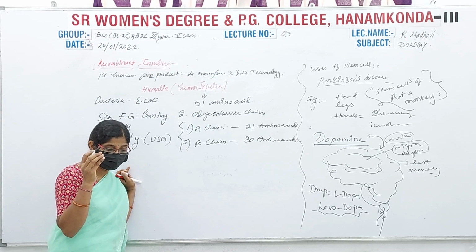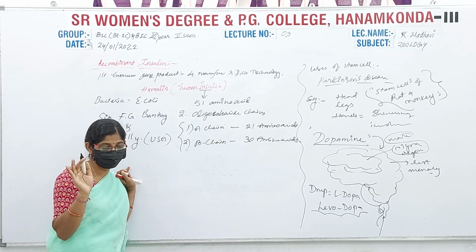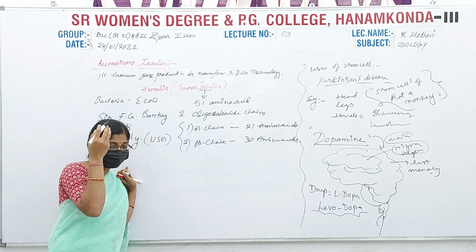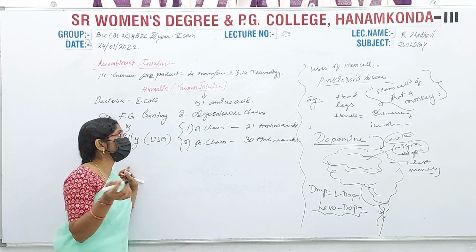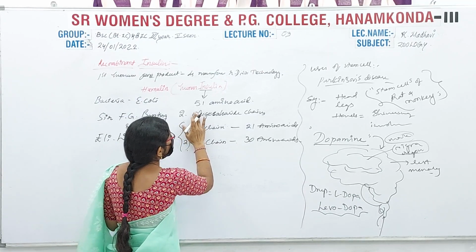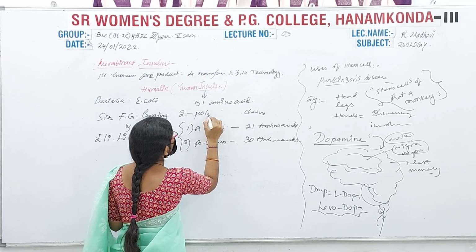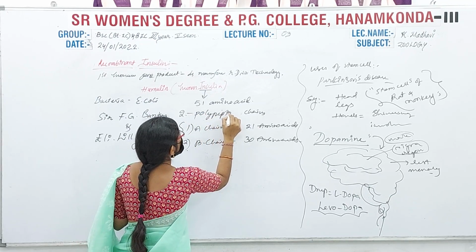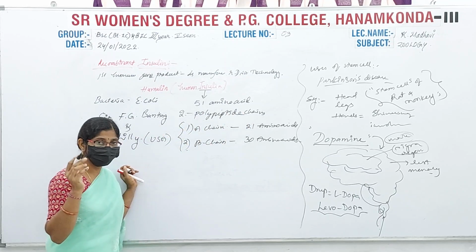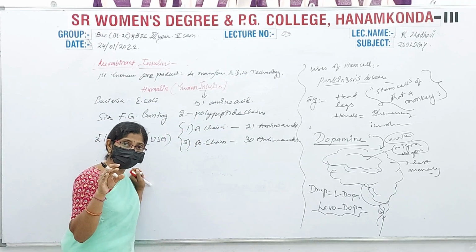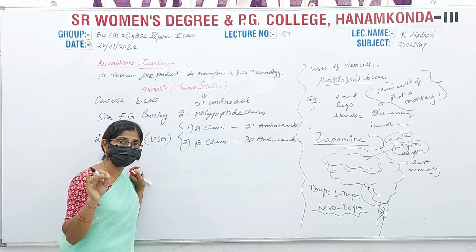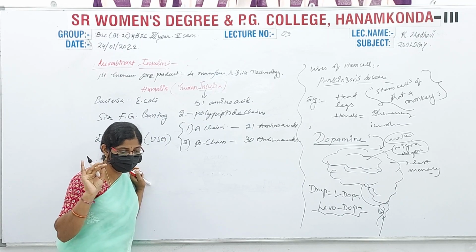Human insulin is made up of 51 amino acids arranged in two polypeptide chains. One chain contains 21 amino acids, and the other contains 30 amino acids.